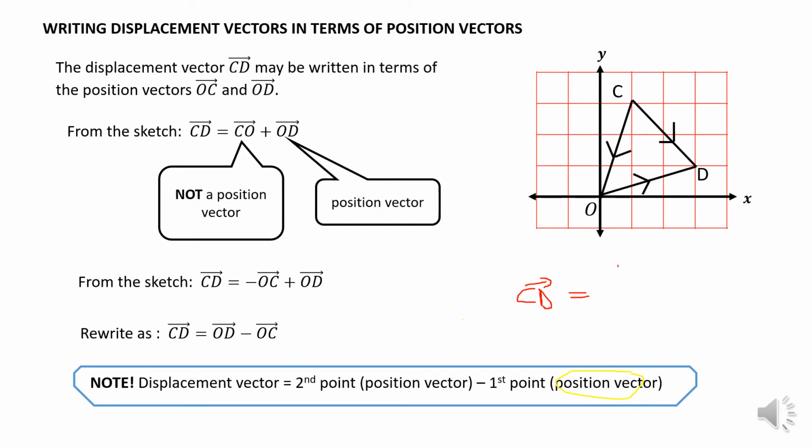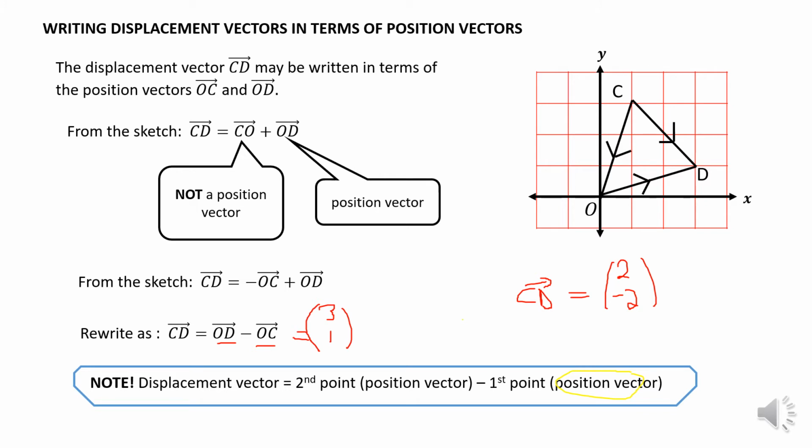But we also know that CD is the same as saying OD minus OC. And here's the thing about OD. OD will be (3, 1). In order for you to find that OD, you just go here: 1, 2, 3, and 1 up.